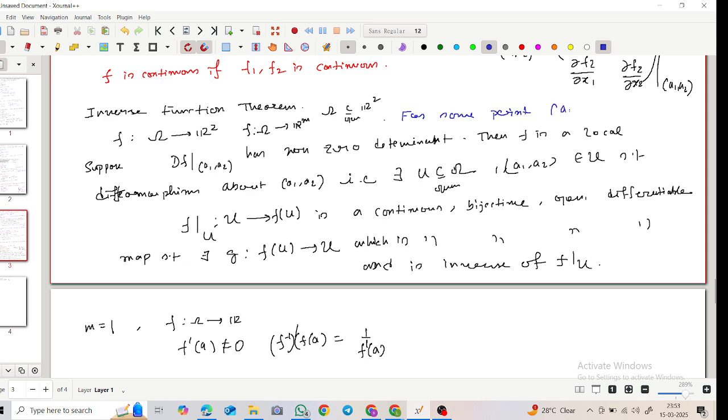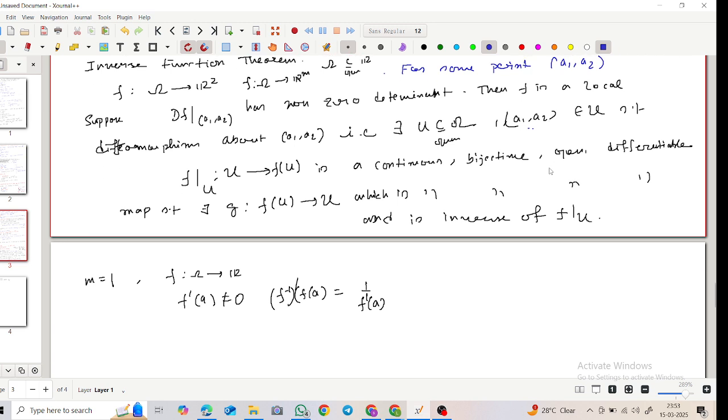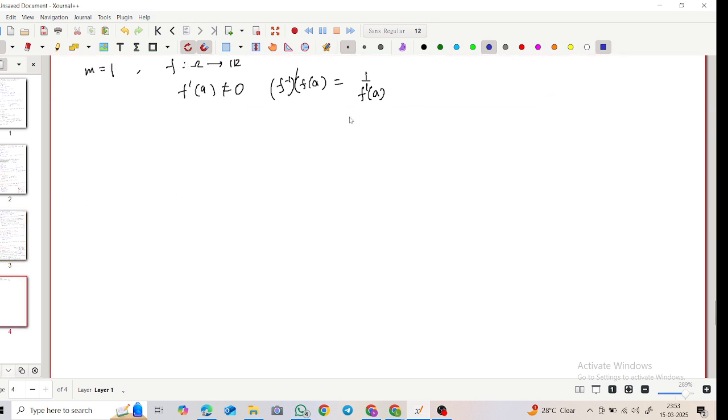No. For some point a1 a2, if the Jacobian is non-zero, everything is happening about a1 a2. You realize, f is not a global diffeomorphism, it's a local property. If at a1 a2 the Jacobian is non-zero, then only about an open set around a1 a2 are you concluding something.